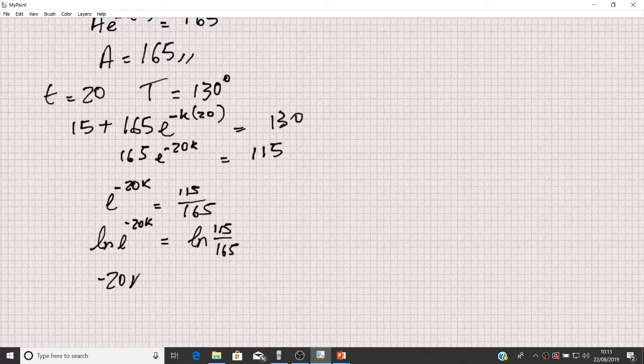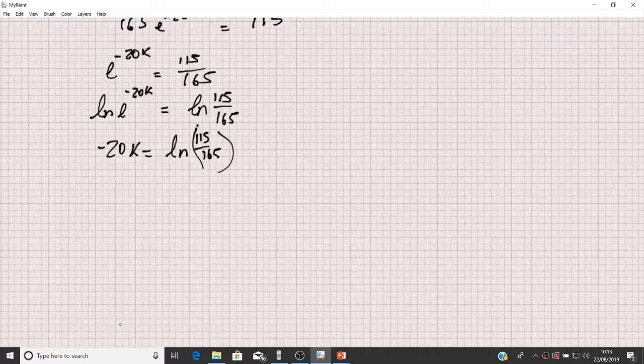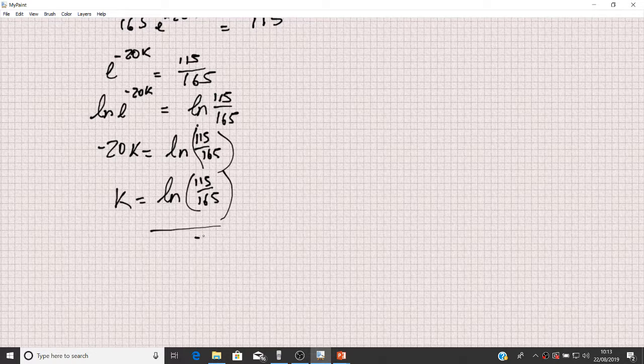Minus 20k equals ln 115 over 165. So we divide out by negative 20 and we will have a value for k. ln 115 over 165 divided by negative 20.